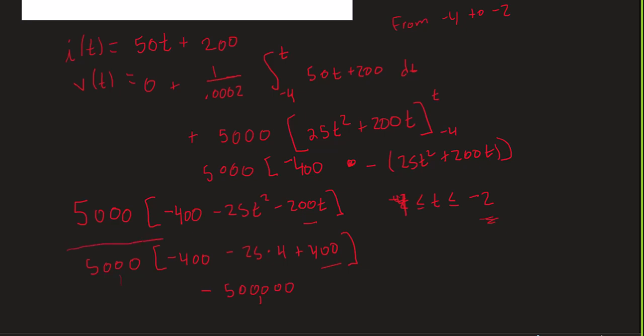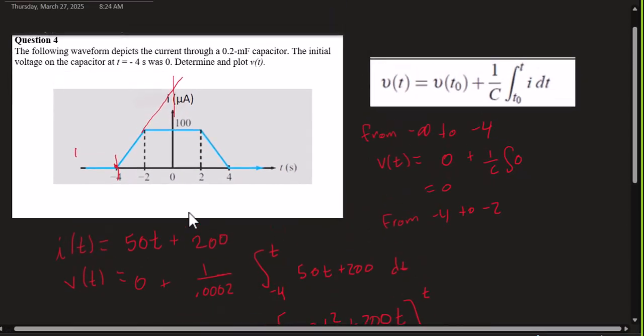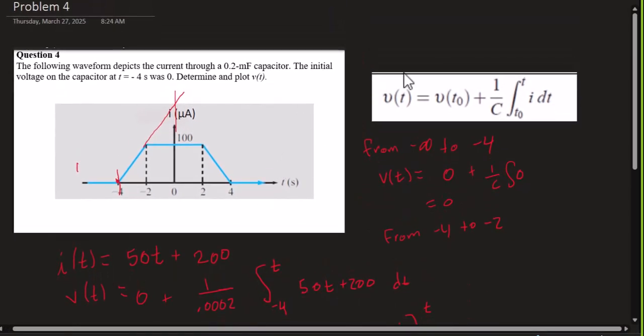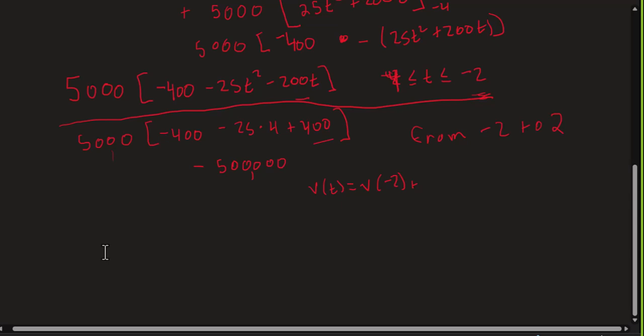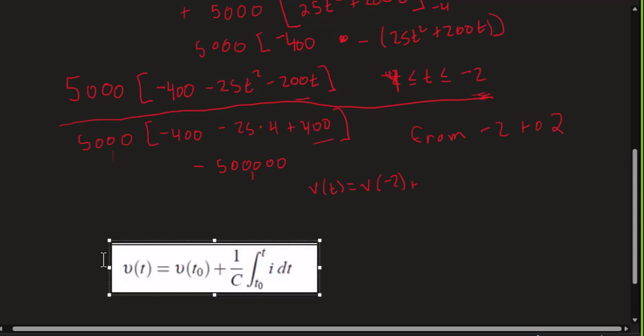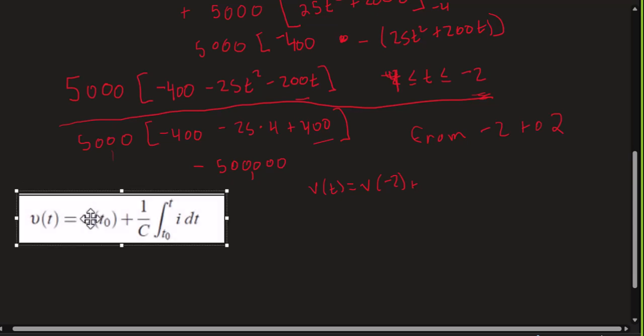So this is the next part, because the next part is from negative 2 to positive 2. The function v of t equals v at negative 2 plus the integral.